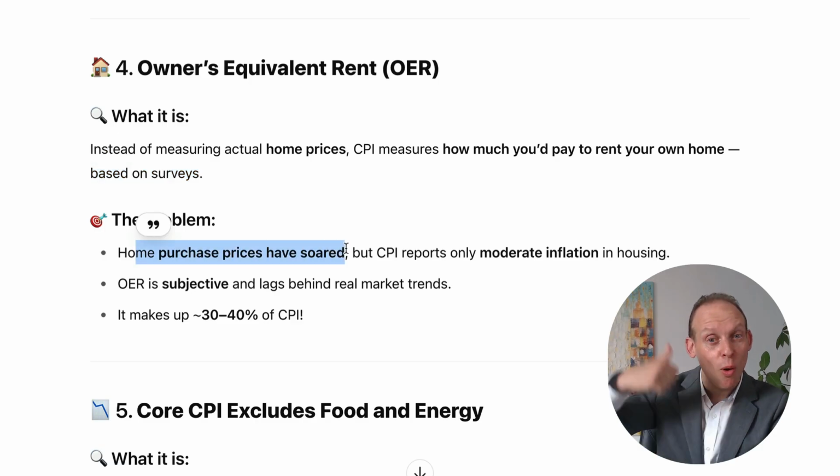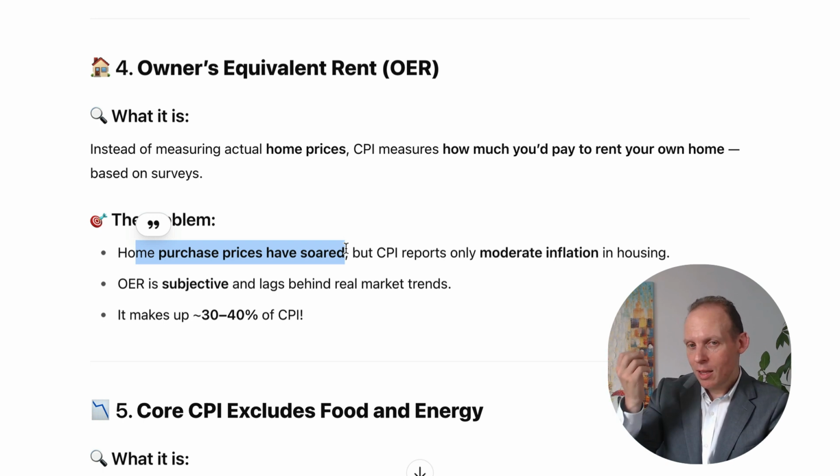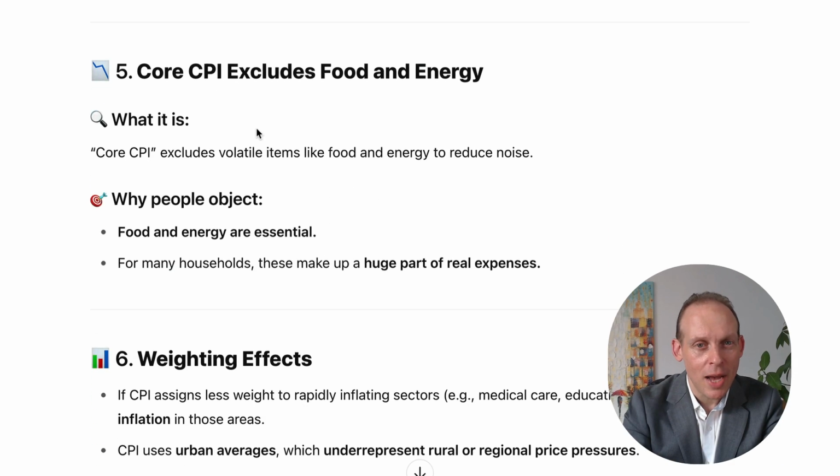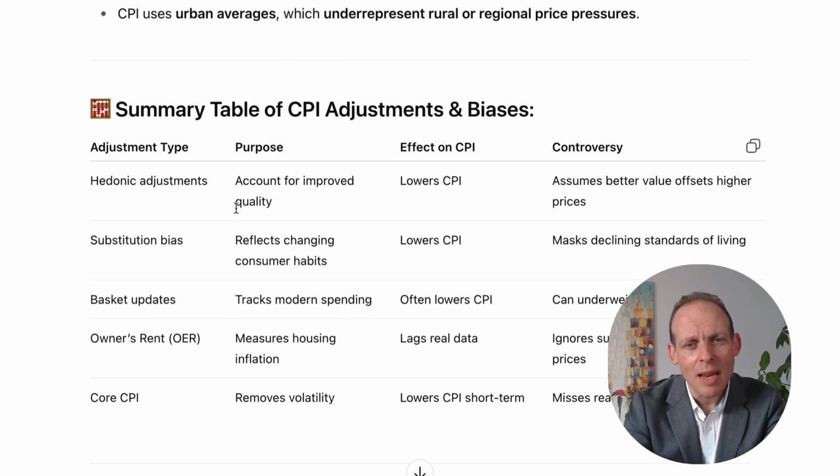Home prices have soared, but that's not reflected in reported CPI, because the home prices aren't the home prices in the CPI, they're potential rental, not even real rental, based on surveys. Also, core CPI excludes food and energy, weighing effects, and many, many other things.